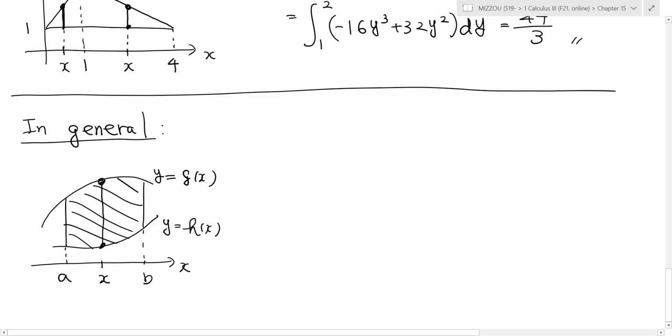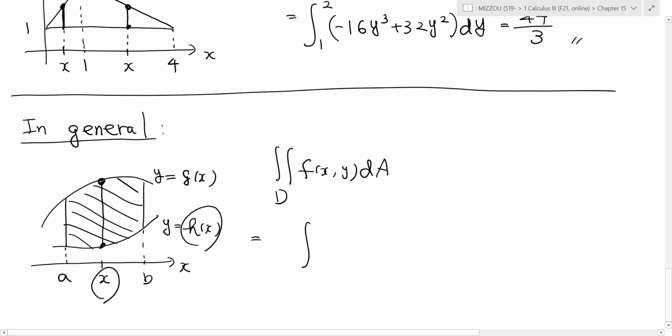So in this situation, the double integral of some function of x and y, dA, is written as follows. You fix x first, and for each fixed x, your y value changes.